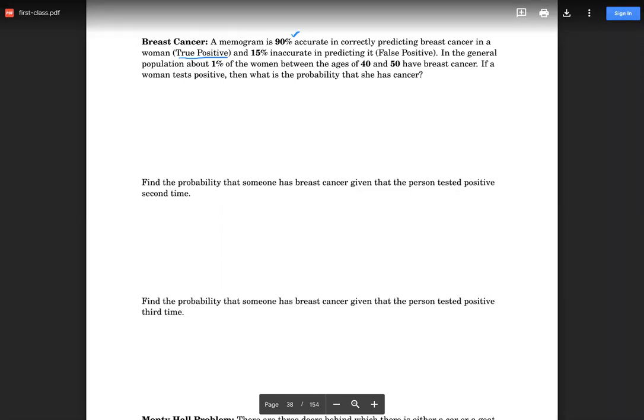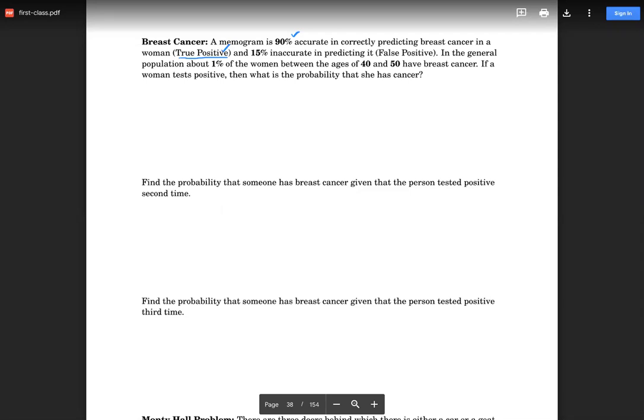If the woman actually does have breast cancer, she is tested. If she's positive, that's correct. Obviously, that's never a good thing, but that's the correct outcome, which is true positive.